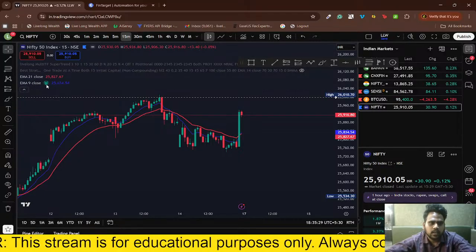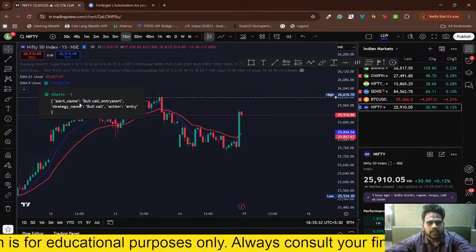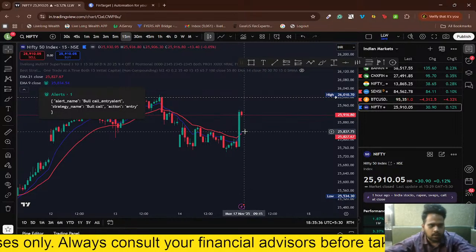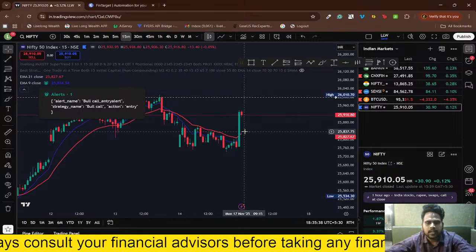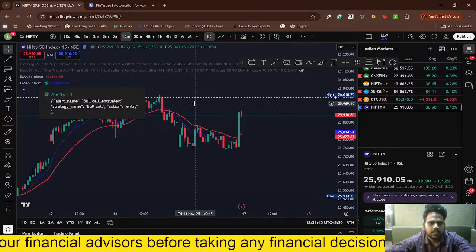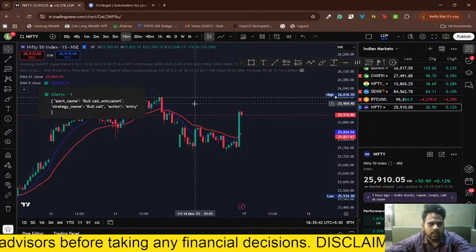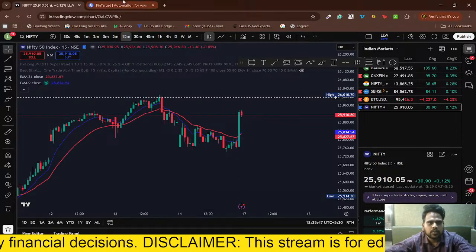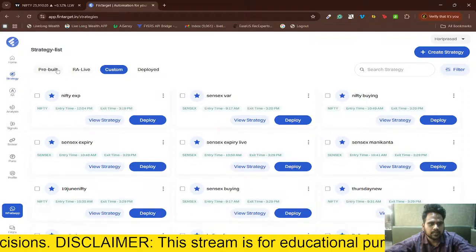See, now an alert is set over here. You can see bull call is there. Whenever the price is going above or below, you will be getting an entry here. Exit or entry, everything will be there. Everything will be predetermined.